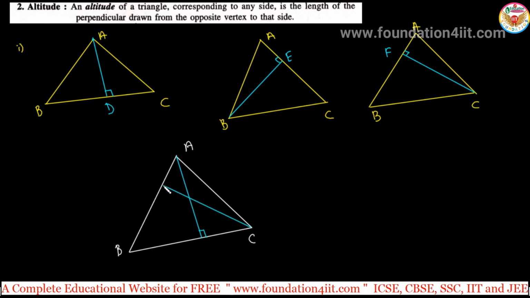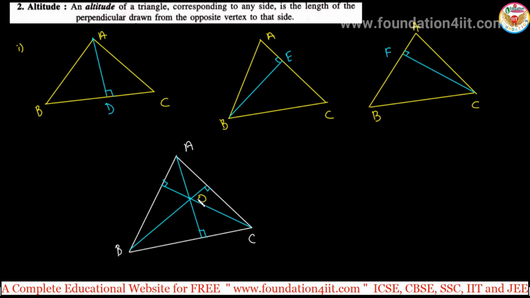From C you can draw a perpendicular line. From B also you can draw a perpendicular line. So here the point of intersection of the altitudes of a triangle is called the orthocenter. We denote it with capital O. This is the orthocenter.